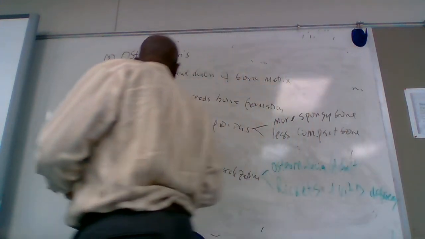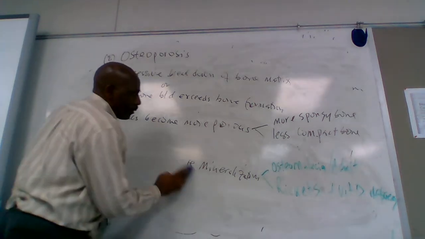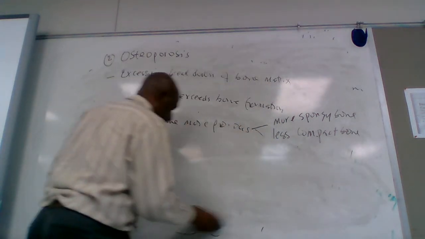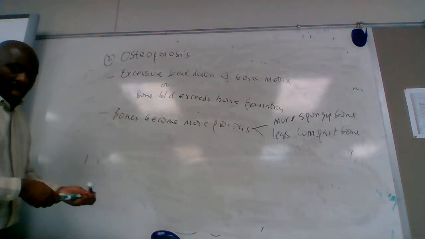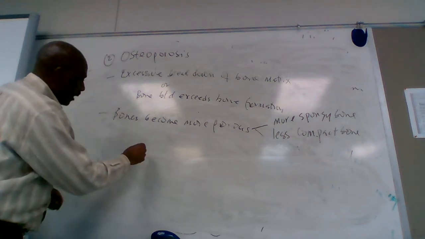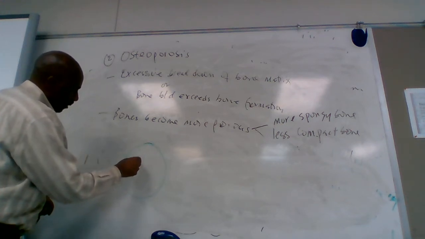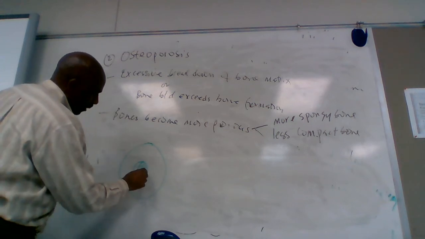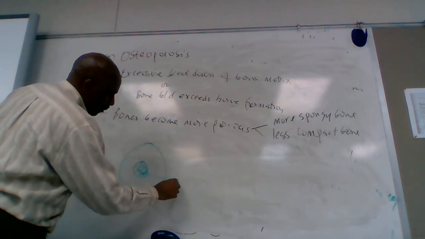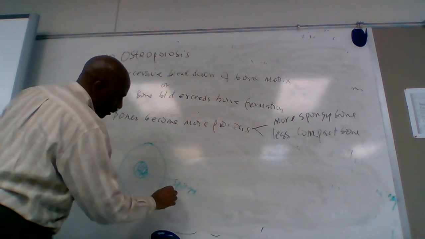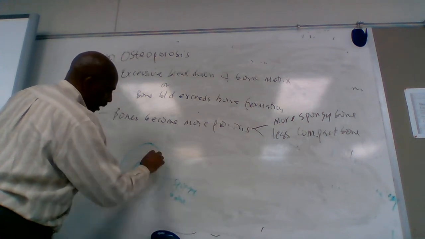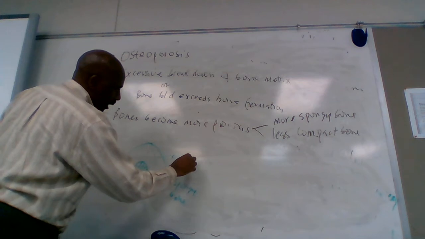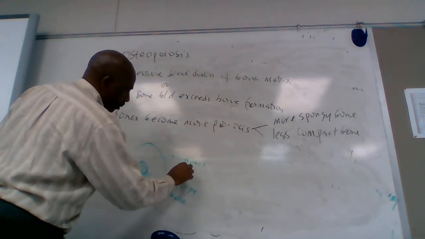I'll put a small diagram here to try and explain that. So normal bone should be like this. In here, that's spongy bone. Out here, that's compact bone.